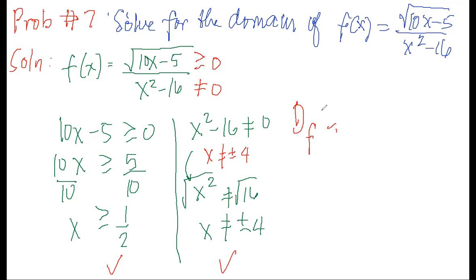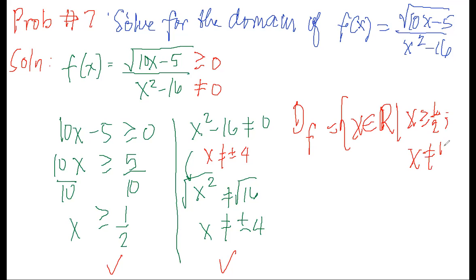So how do we write our domain now of the function f of x? The domain of the function f is equal to x, which is an element of real numbers again. However, x must be greater than or equal to 1/2, all right? And x must not be equal to positive or negative 4.